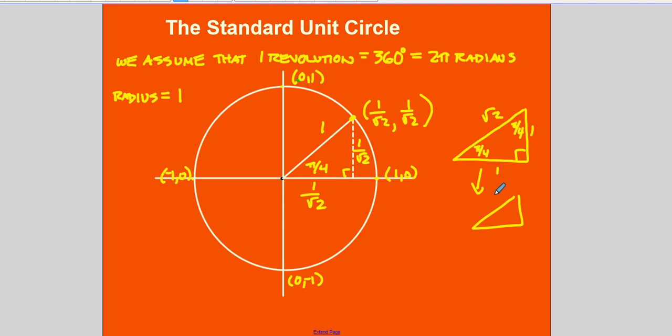Square root of 2 divided by square root of 2 is 1, and 1 divided by square root of 2 is 1 over square root of 2. This is not simplest radical form, although personally I like it better this way. Usually you're going to see that written as square root of 2 over 2, so 1 over square root of 2 is equivalent to square root of 2 over 2.